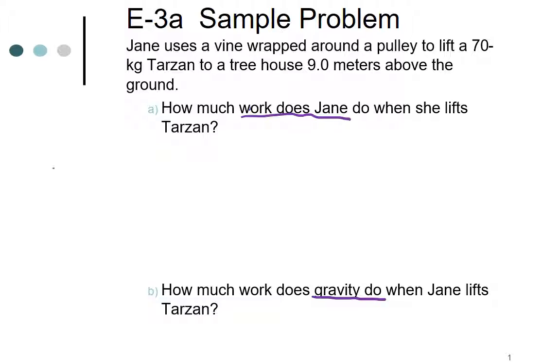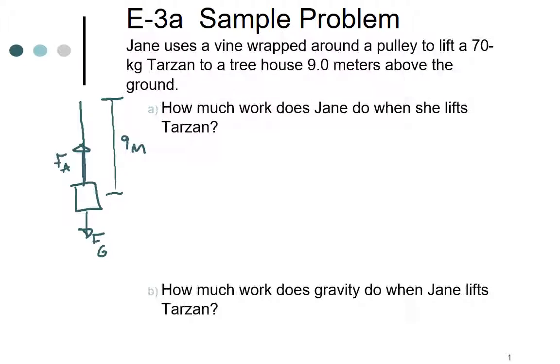When we set up our free body diagram, we have our forces, force applied going up, force of gravity going down. Again, we'll assume it's at a constant velocity, so the acceleration is 0. So why don't you go ahead and work through both of these. You can pause the clip and see if you can solve for the work Jane does, and then the work gravity does, and then you can hit play to continue.